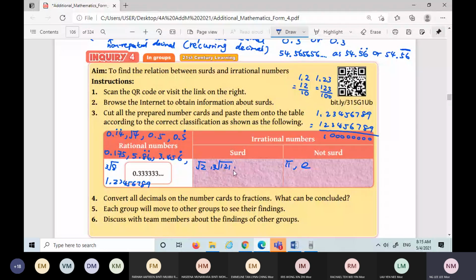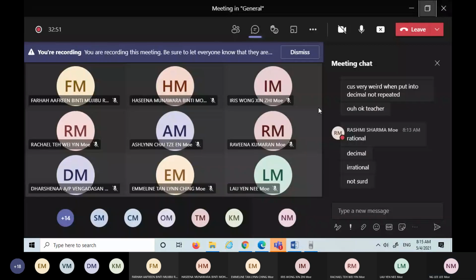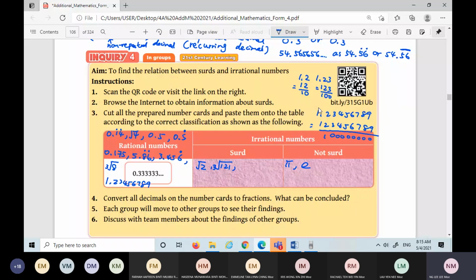Why not surd? You can see the square root. You tell me why not surd? Can you see the square root? So it's a surd. Not surd is only these two numbers. Okay, 3/4.